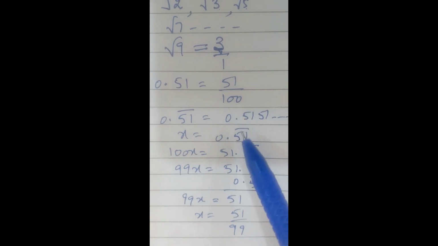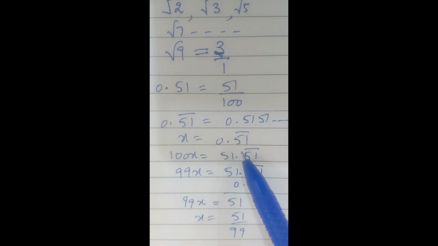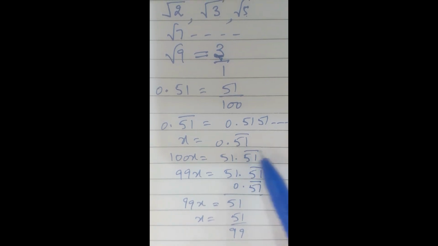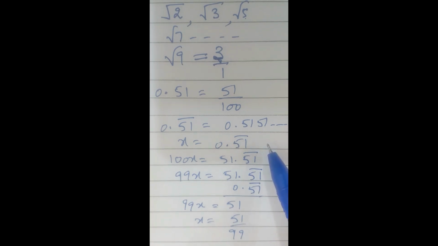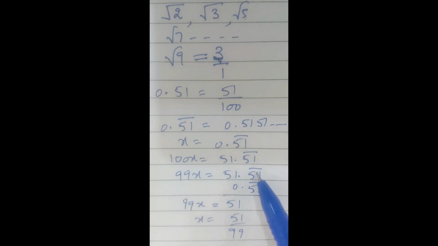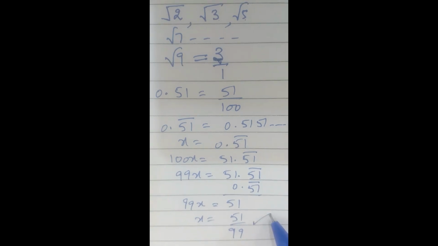That means when the number is given under the bar, x equal to 0.51 bar, since it is endlessly being written, it seems maybe it is an irrational number. It is not an irrational number, it's a rational number, and we have proved how it can be represented in the form of p upon q.